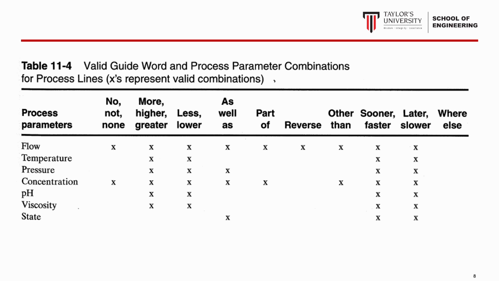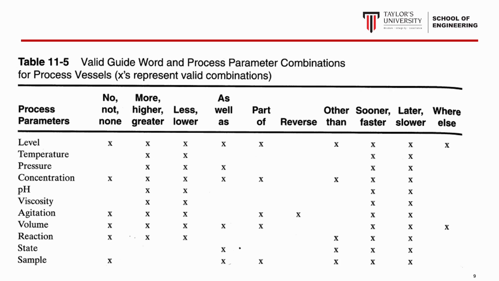So this gives you an idea of what guide words to use for each process parameter. This is an example for process line. And this is an example for process vessel. So meaning if you have a vessel, you have a reactor, you have a distillation column, you have a separator, or you have a mixer. So these are the parameters you can look at, and these are the guide words that you can use for those parameters.